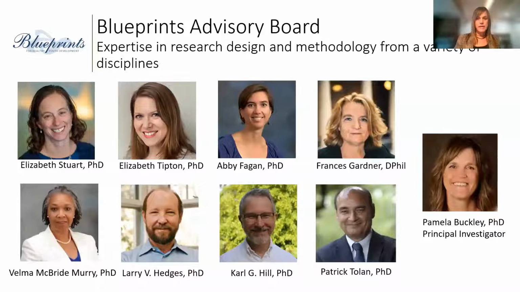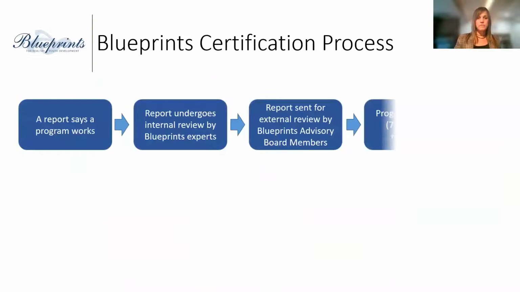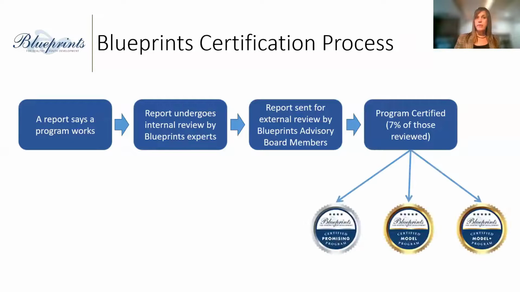Here's a quick snapshot of the individuals from universities around the US, and actually some from over in Europe too, who serve on our advisory board. And then throughout this process, interventions are certified as either Promising, Model, or Model Plus, depending on the type of evidence available.